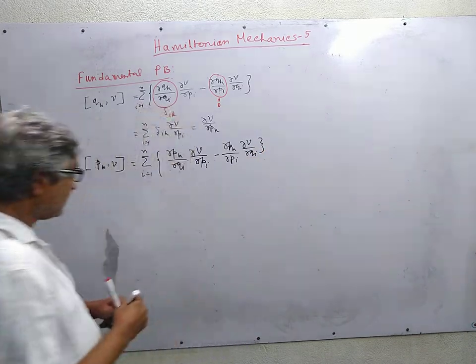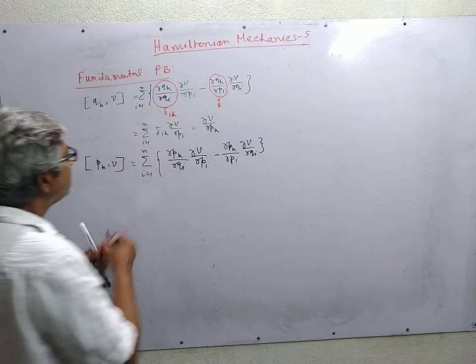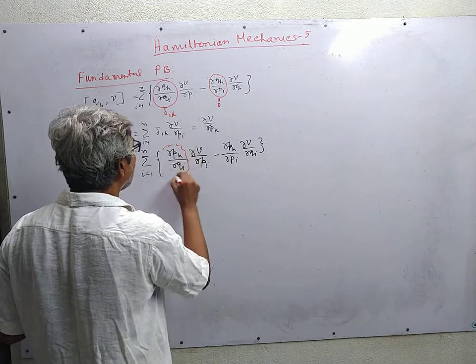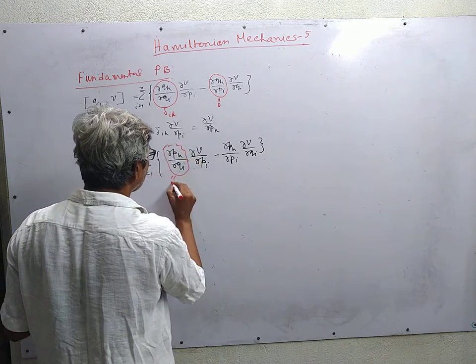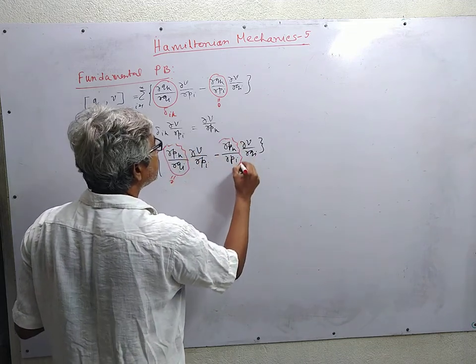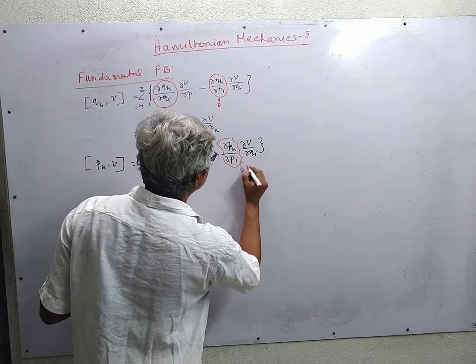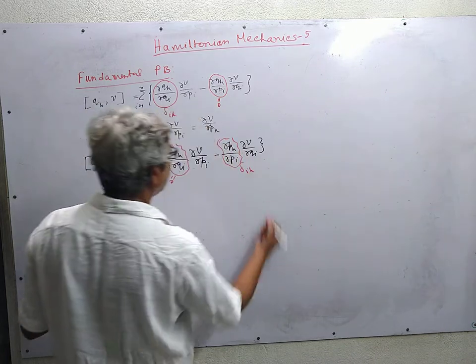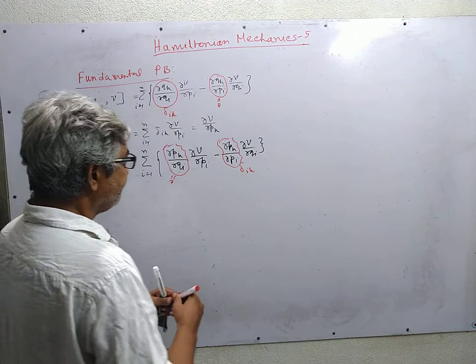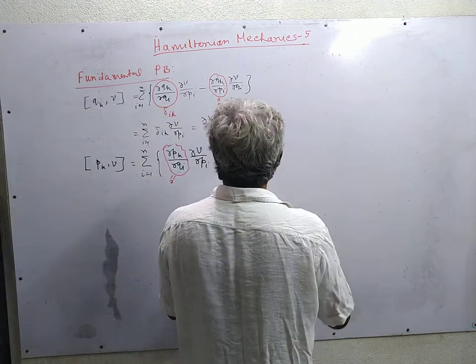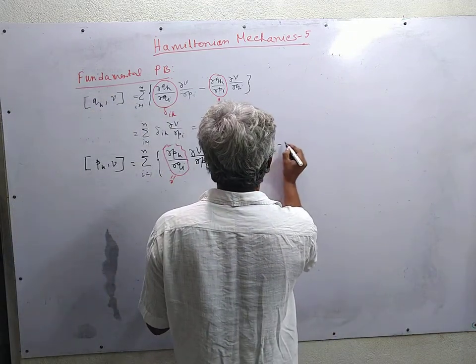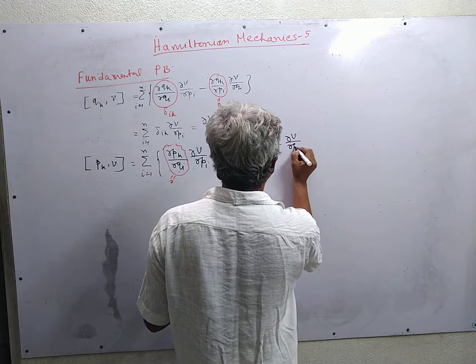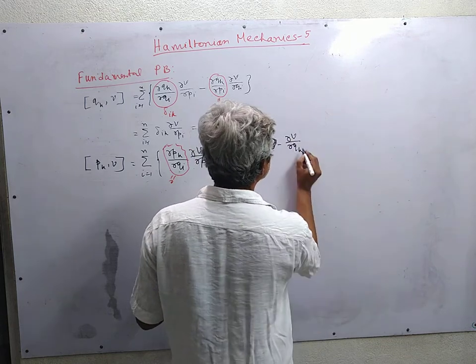Now, with similar logic, p is not a function of q in Hamiltonian dynamics, so that part is 0, and this gives you a delta function, delta of ik, so that this becomes minus ∂v/∂qk.